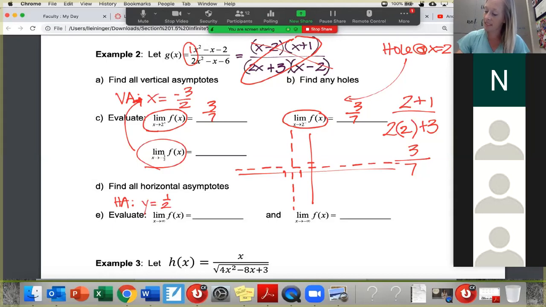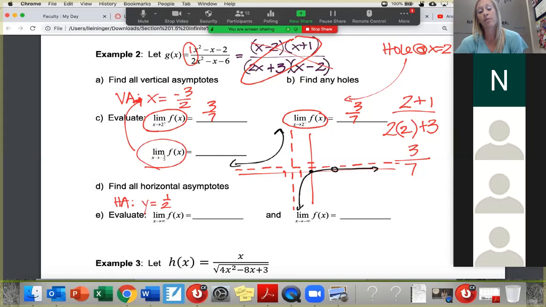1/3 is in fact less than a half, right? So that means I'm going to have a branch here with a hole at 2, which if you want to draw it in, go for it. Which means the other branch would be up here. So what does that tell me about the limit as x approaches -3/2?